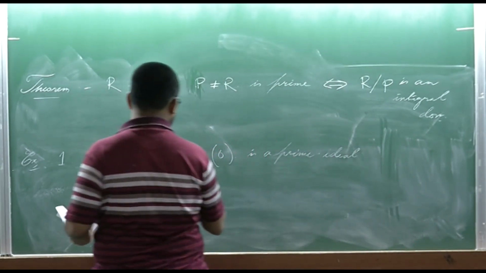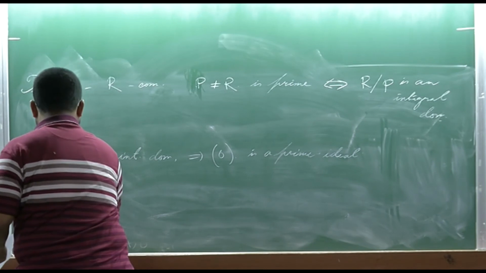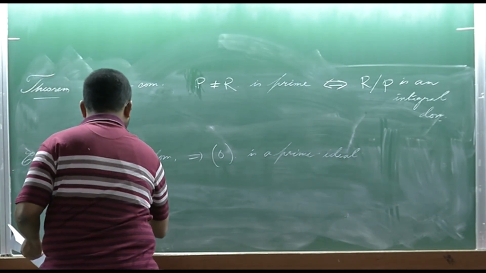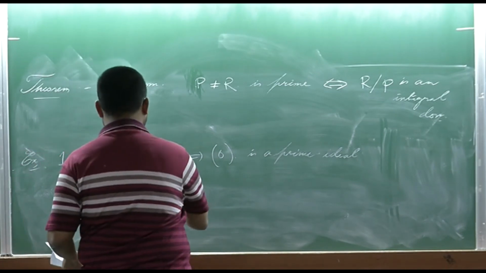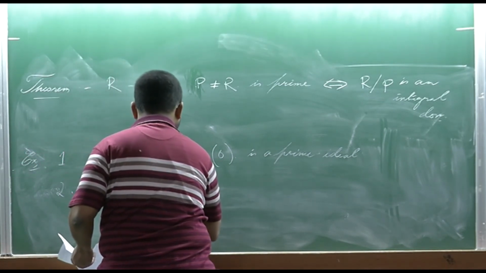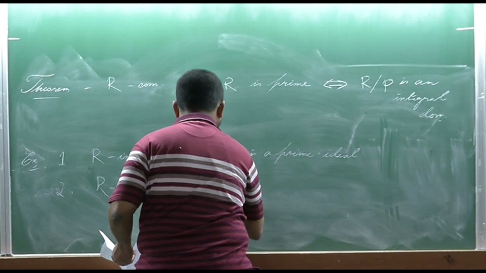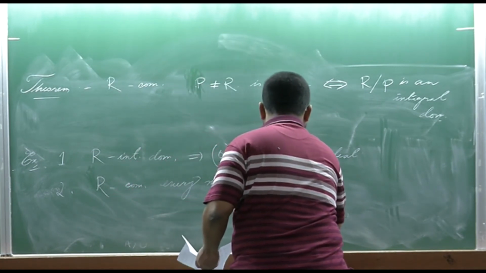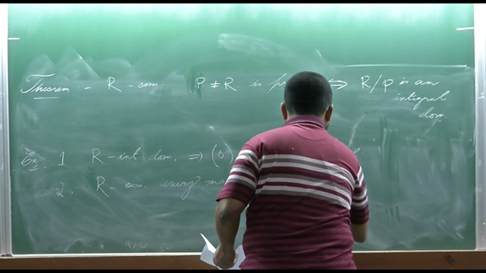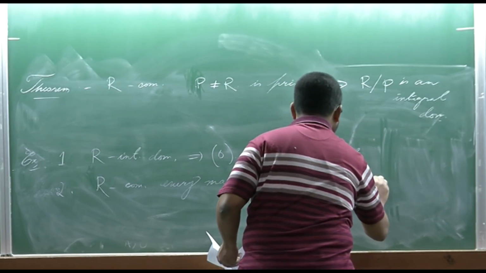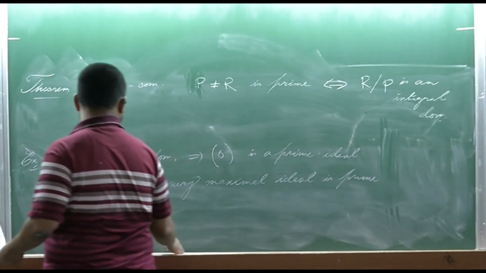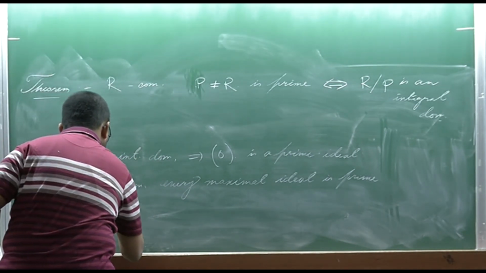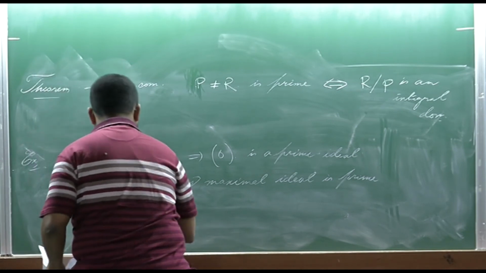So, therefore, we must say that, let us take our commutative ring, every maximal ideal is prime. However, the converse is not true. Converse is not true.